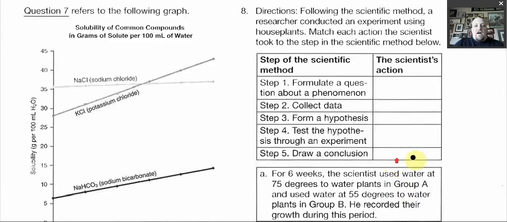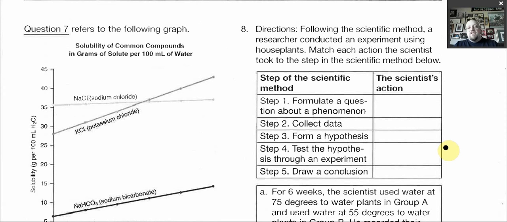So this one, like I said, they're going to tell you most of the information that you need in a question. So following the scientific method, you don't have to worry about that because it tells you here's the scientific method. So you don't have to freak out and be like, oh, I don't know the scientific method. It's right here. A researcher conducted an experiment using houseplants.